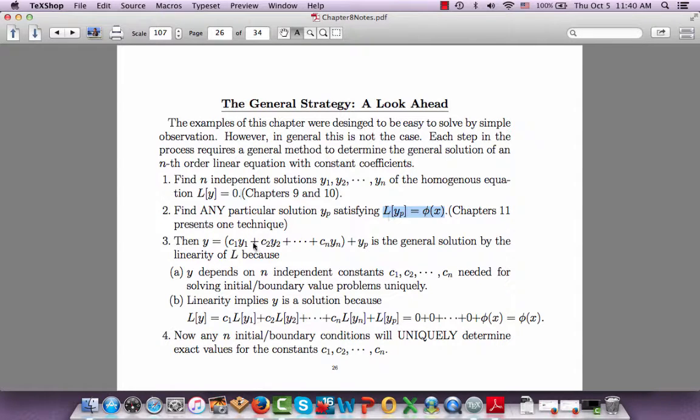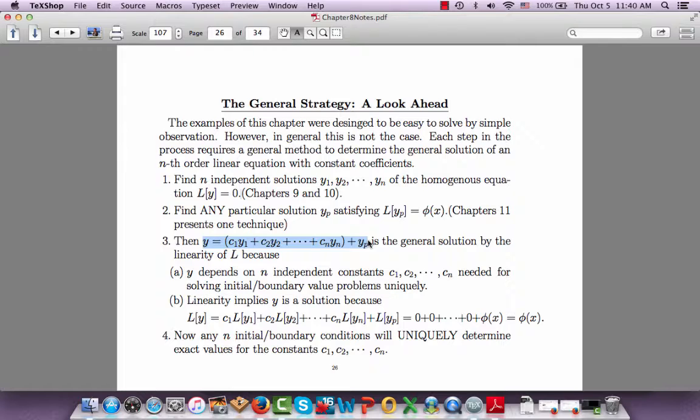Once we have that, we combine that linear combination that solved the homogeneous problem, with unknown constants c1 through cn, with some exact function y sub p that we found in step 2. By adding those together and defining this as y, our general solution, it is a general solution.